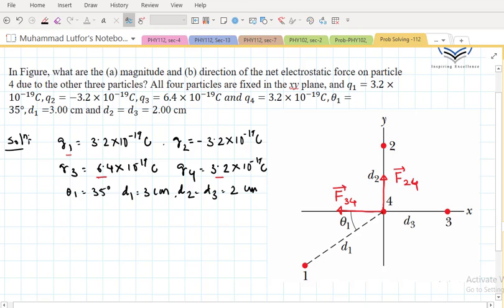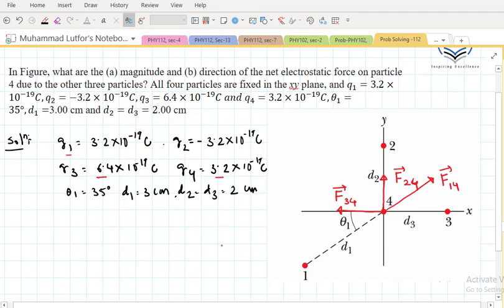In that case, the direction of this force would be toward that direction. So this is the force on 4 provided by 1. So these are the forces acting on 4. Fine.